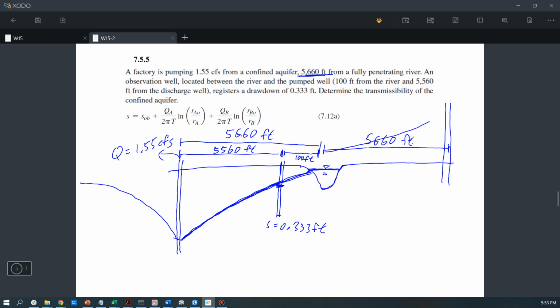Okay, so this image well is for recharge with the same Q, that's 1.5 CFS. Okay, then we will use this system to calculate the drawdown by using equation 7.12a.